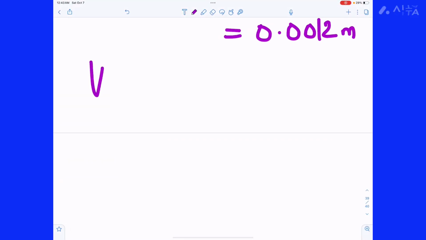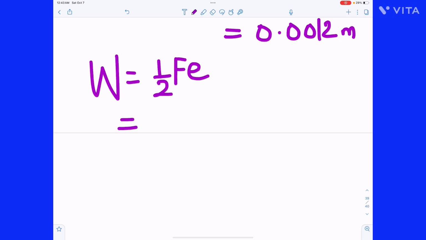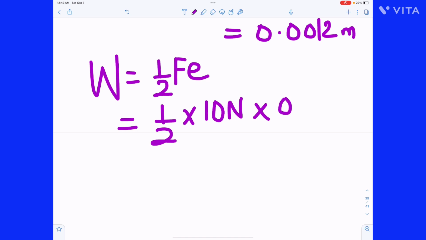I want to try something here. So don't write now. Let me just check what the question means by total work done first. Using half FE, half times 10 newtons times 0.0012.